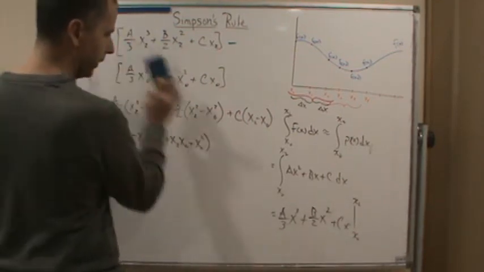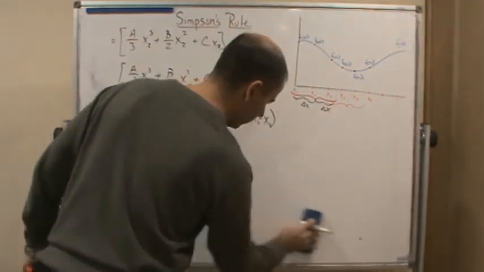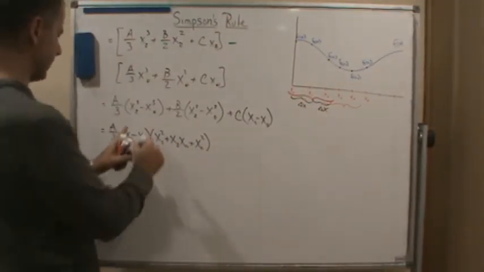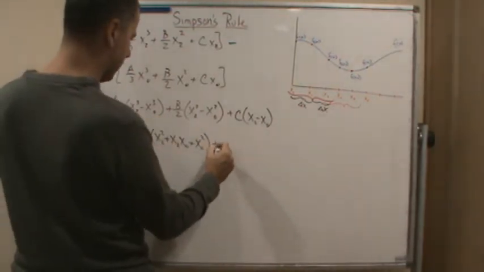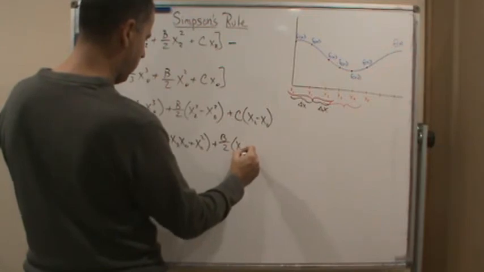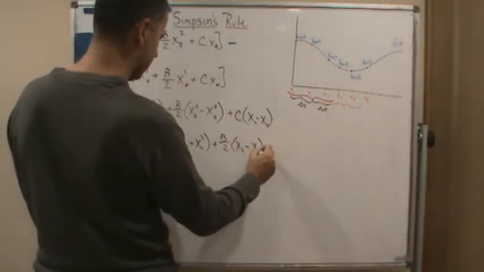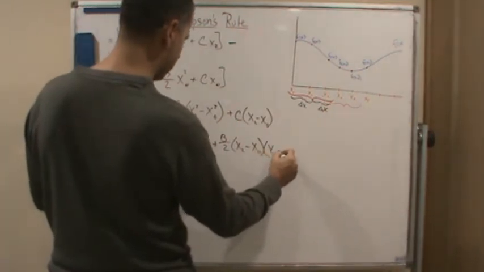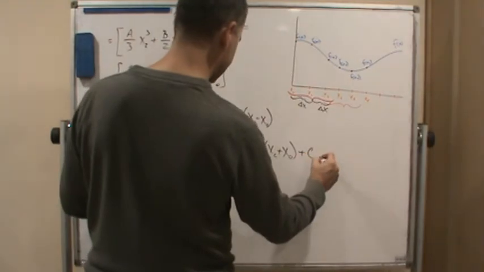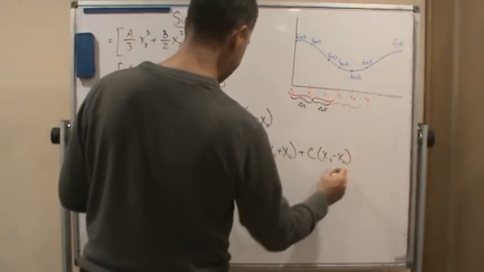Right? Okay, so let me erase this. We don't need this over here. We're going to need room. Okay, so that's this. And now we're going to have plus b over 2 times x2 minus x0 times x2 plus x0 plus c times x2 minus x0.